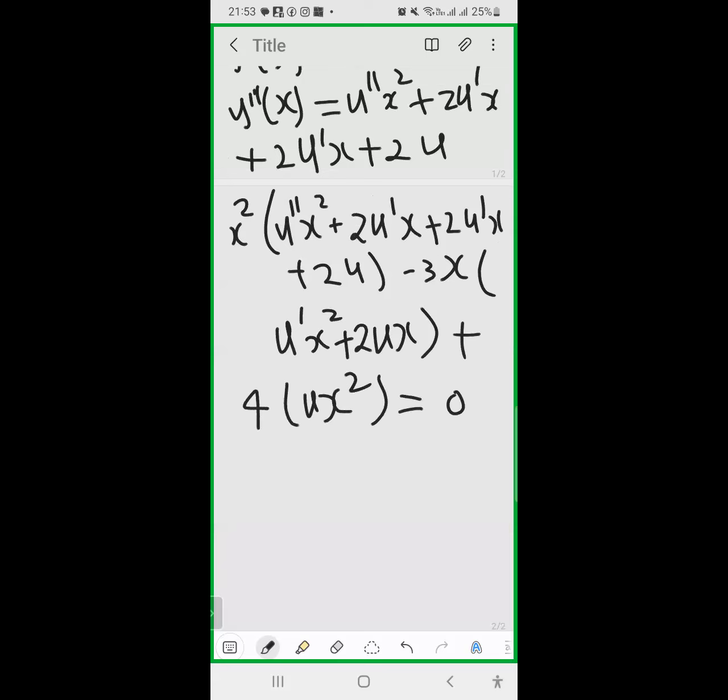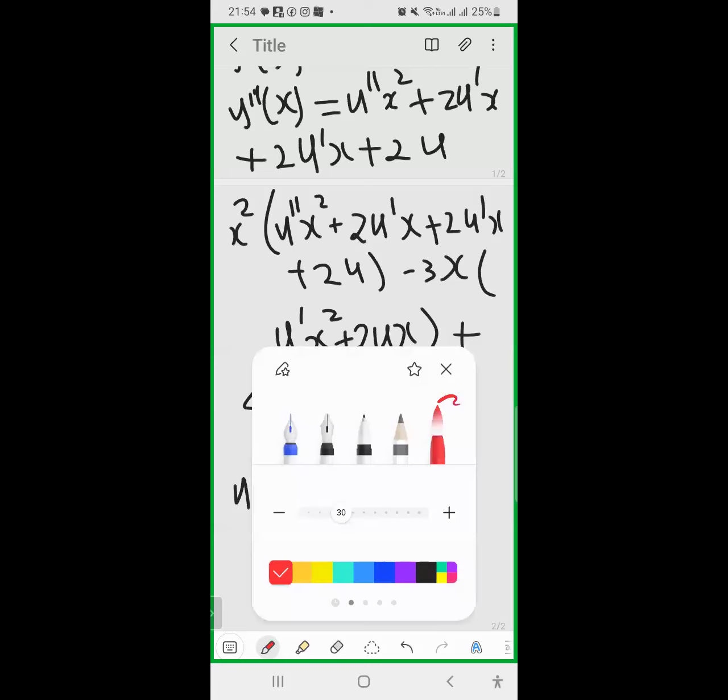Let's simplify. We multiply out the brackets. So we're gonna have x squared multiplied by u double prime x squared. That will be u double prime x to the power 4, and then plus, you can notice that we have like terms here.